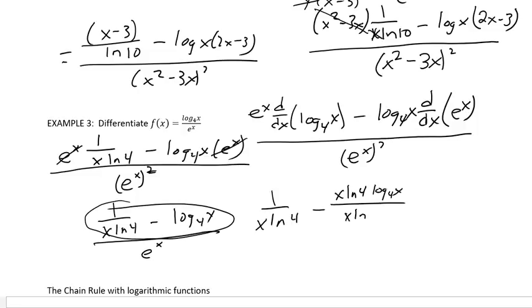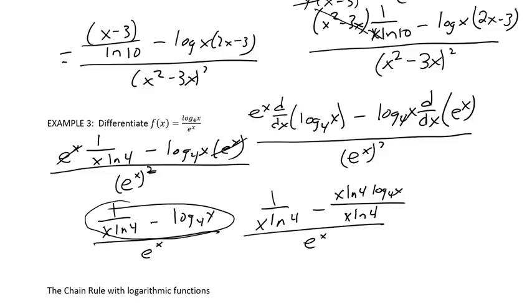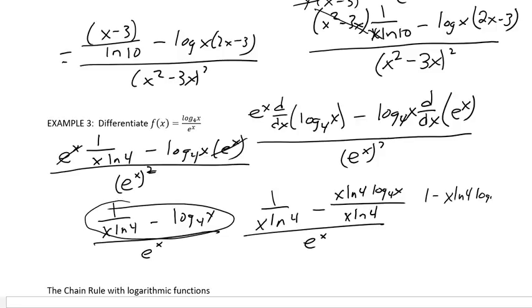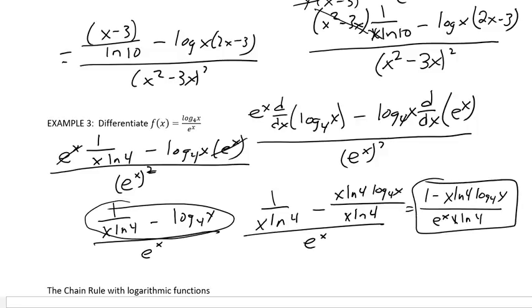And then we can combine the two denominators and combine the two fractions into one. We would have 1 minus x natural log of 4 log base 4 of x over e to the x times the x times the natural log of 4. That would be in simplified form, right there, and the best that we could do at that point.